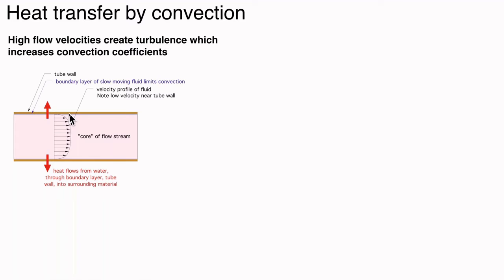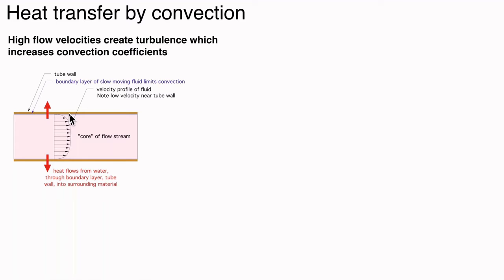There's some, but it's nowhere near as active as the core of the flow stream. Because those molecules aren't stirring around very aggressively, you can think of it as almost like an insulating layer between the flow stream and the inner wall of that pipe.